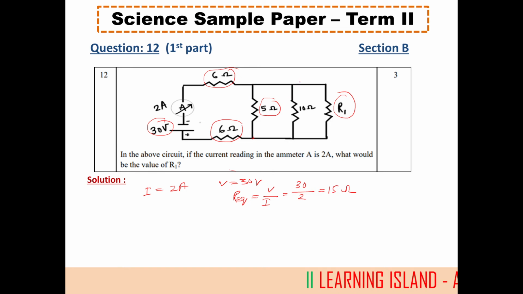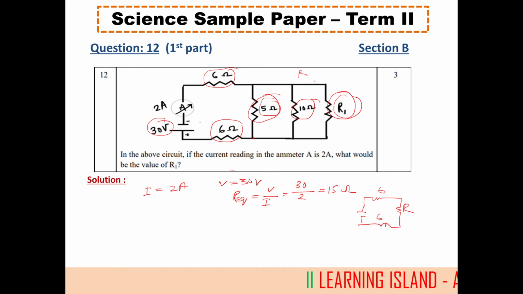Suppose the equivalent resistance of the 5 ohm, 10 ohm and R1 ohm is R. You can see this 6 ohm, R ohm and 6 ohm are connected in series. If I simplify it like this, there is a battery and 6 ohm, R ohm, again 6 ohm, and this is R. Combining what?